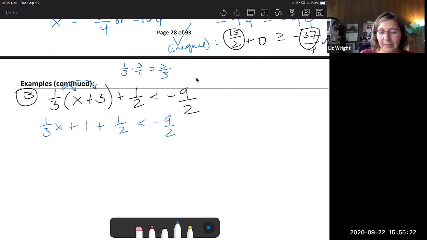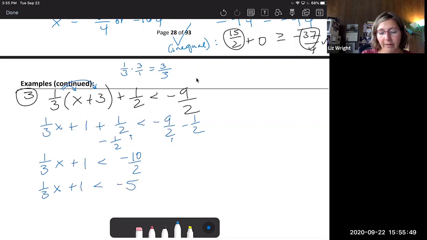So what I would suggest you do, because I'm already looking at this and that we have a half and a half, you could totally multiply everything by 6 if you wanted to. But I'm looking at this, and this is going to work out really nicely. So if we've got 1/3 x plus 1, and we've got less than negative 10/2, negative 10/2 is just going to give us negative 5.